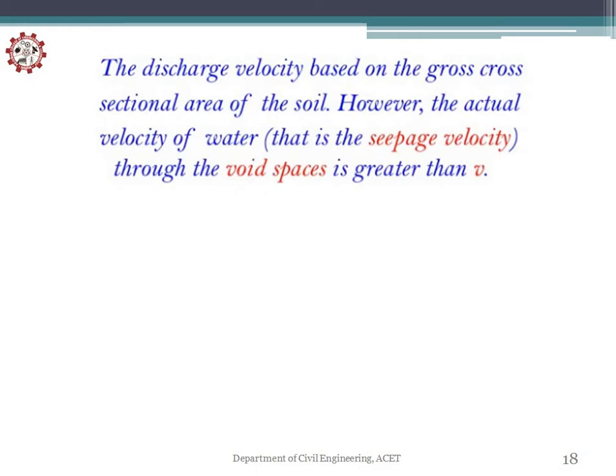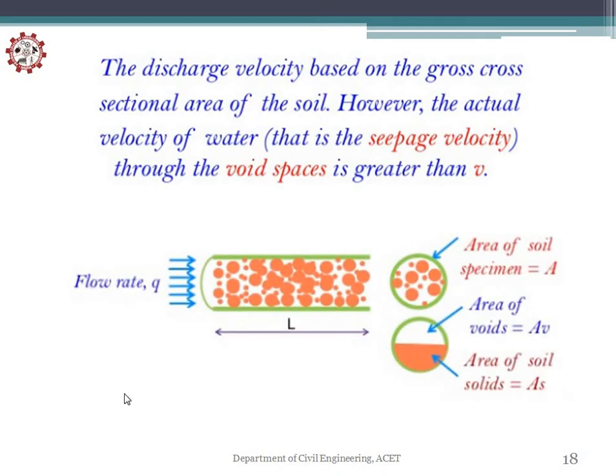However, the actual velocity of the water, that is the seepage velocity through the void spaces, is greater than v. So this is the condition. If you have soil particles and a discharge with respect to the length of soil, here you can see the area of the soil specimen is A, the area of voids is Av, and the area of soil solids is As.